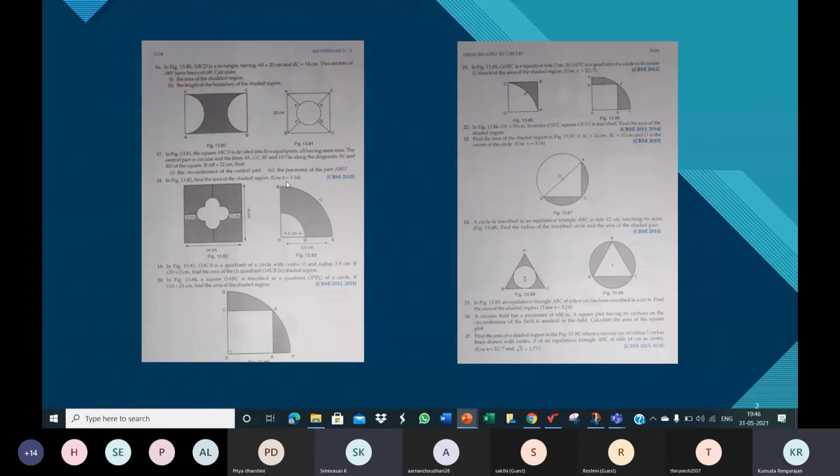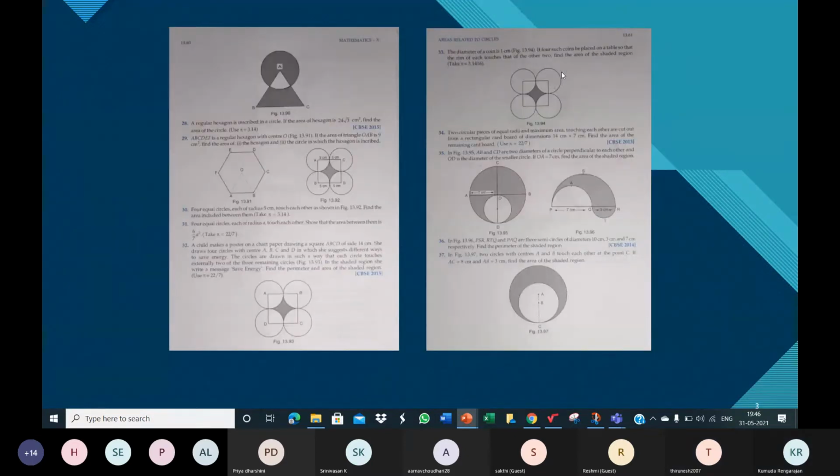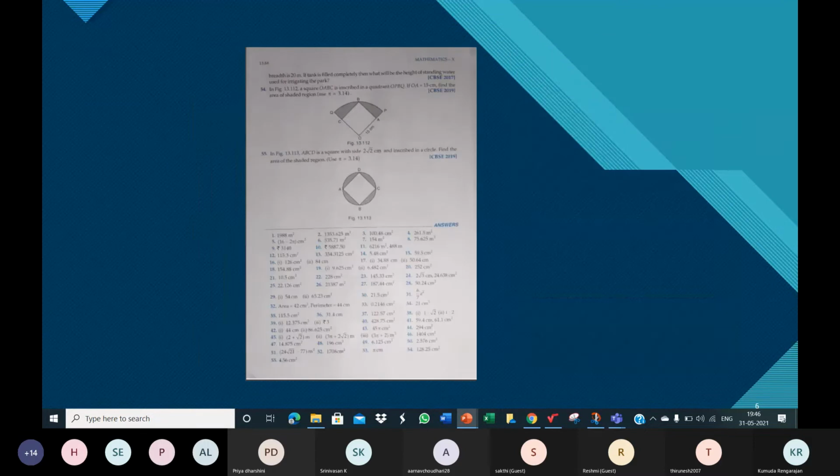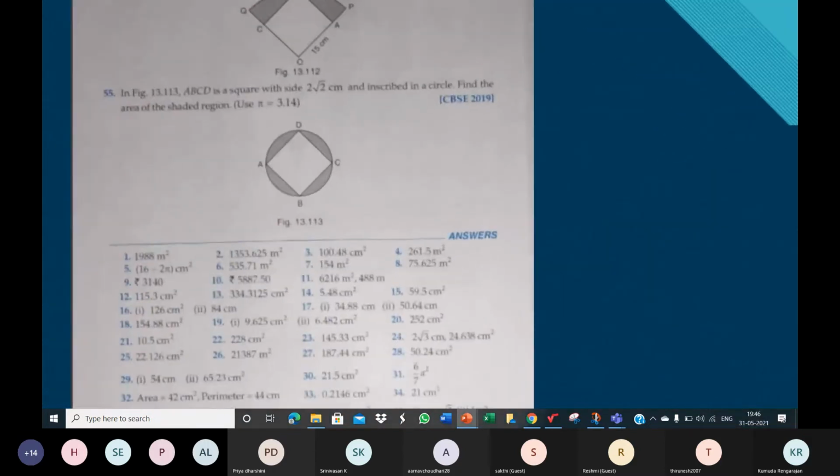What's the area of the track, children? 6,216 meters squared. Yes, here it is. The area of the track is 6216 meters squared and the length of the outer edge is 488 meters.